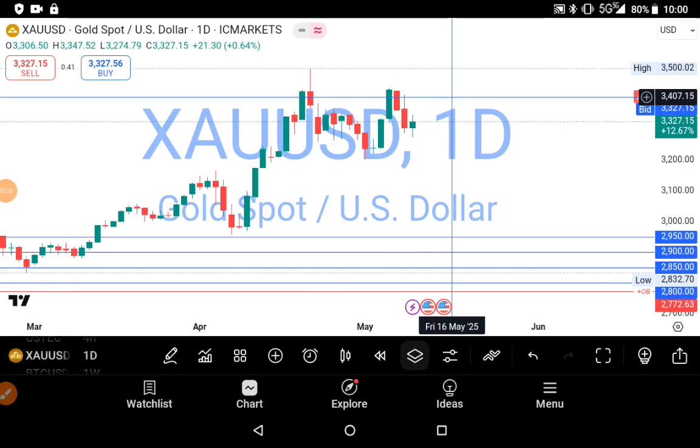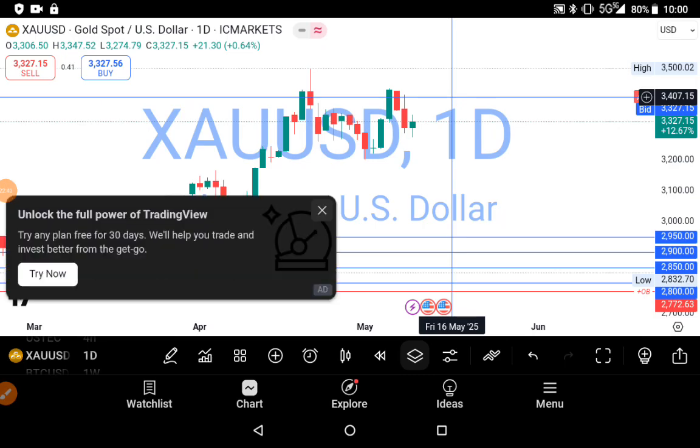To the upside. If it serves as a resistance to the price, then I will be interested in 3200 and 3100. If possible, into 3000.